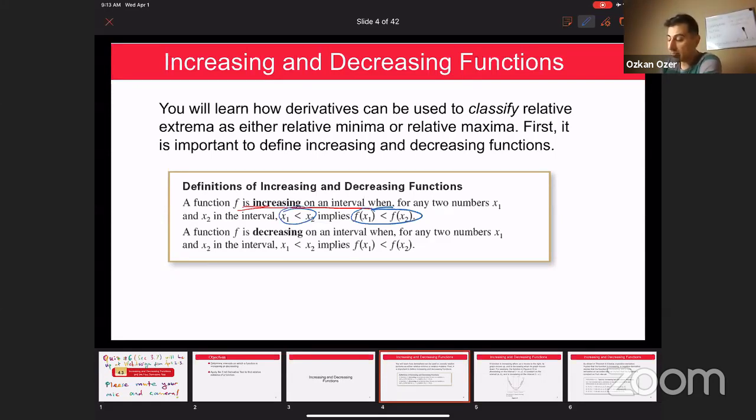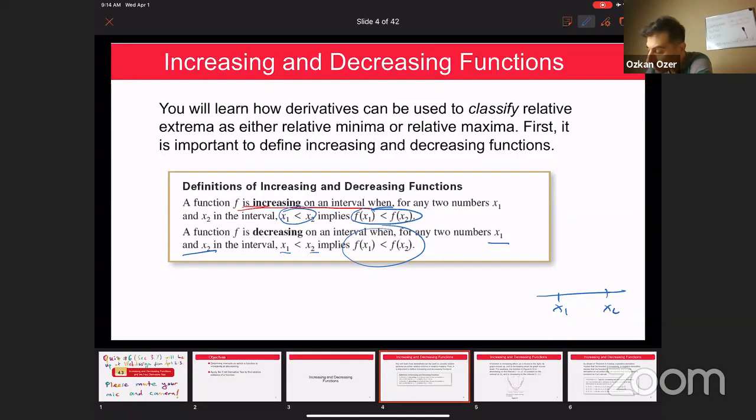And likewise, f is a decreasing function on an interval when you pick two numbers, x1 and x2, such that, again, x1 is on the left of x2, the corresponding function values would be satisfying f of x1 is less than f of x2. Oh, this is greater than, I'm sorry.